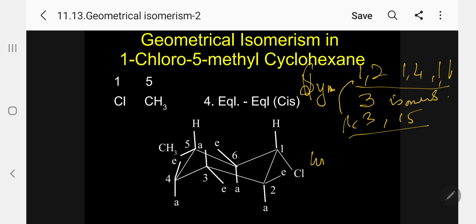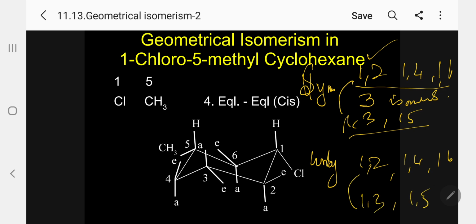Coming to unsymmetrical, kindly follow. It is exactly identical to that of 1, 2, 1, 4 and 1, 6. There is no difference if you just compare and see. In the same way, 1, 3 and 1, 5 are opposite to that of 1, 2.